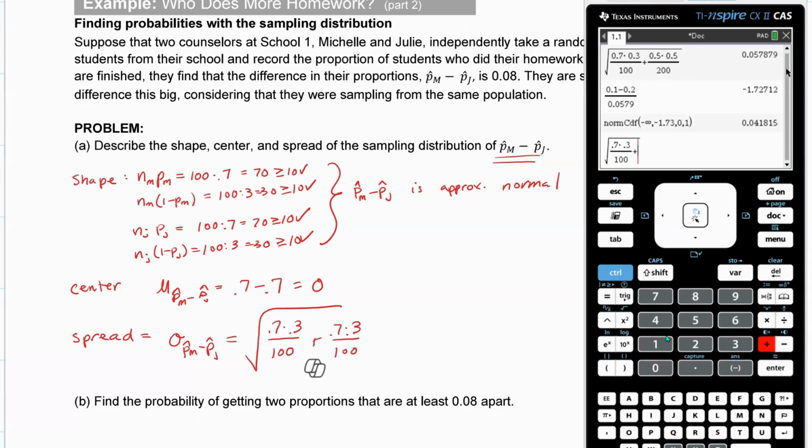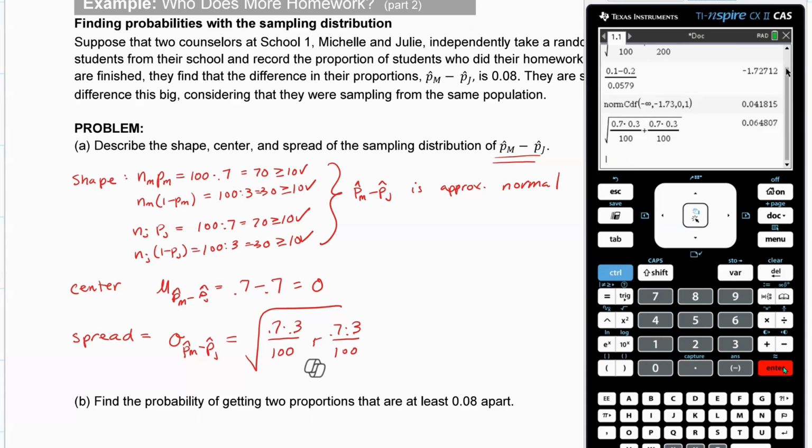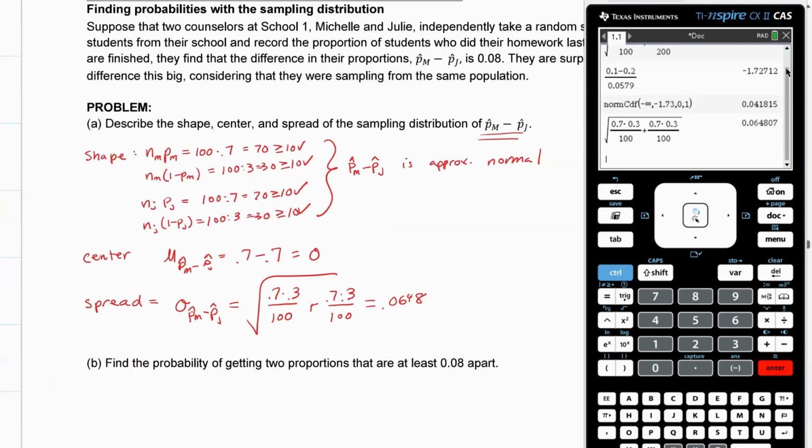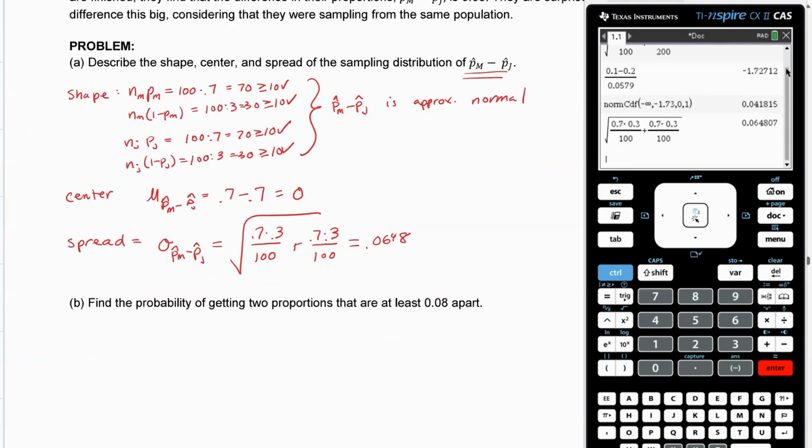And then we'll add to that the same fraction, 0.7 times 0.3 all over 100. And we get that the standard deviation is 0.0648.